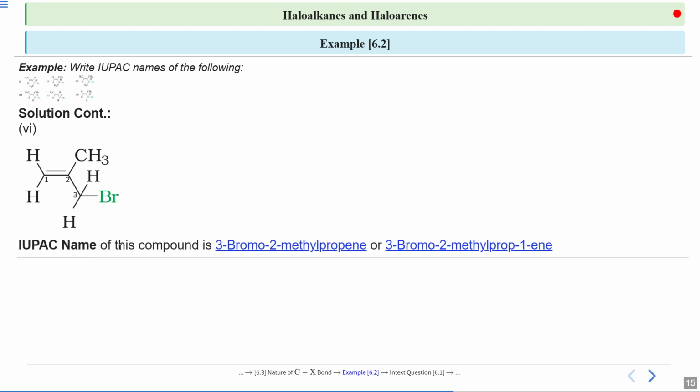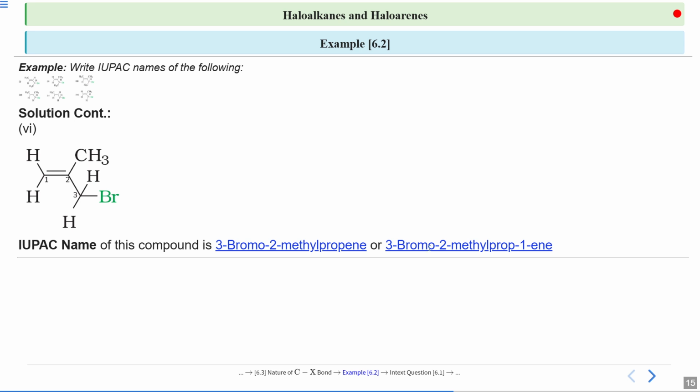Now the IUPAC name of this compound will be 3-bromo, because at the third carbon we have bromine, and 2-methyl, because at the second position we have a methyl substituent. So 3-bromo-2-methylpropene. Because the double bond starts from the first carbon, we are just writing propene.